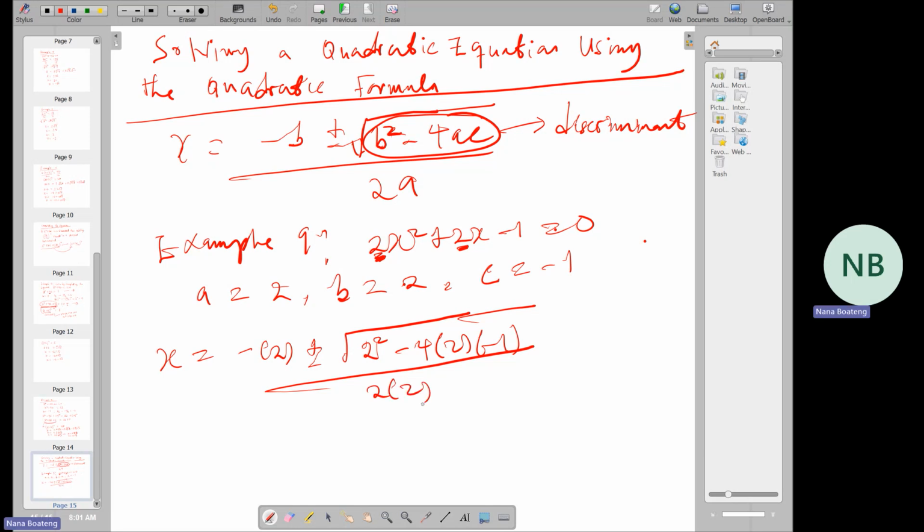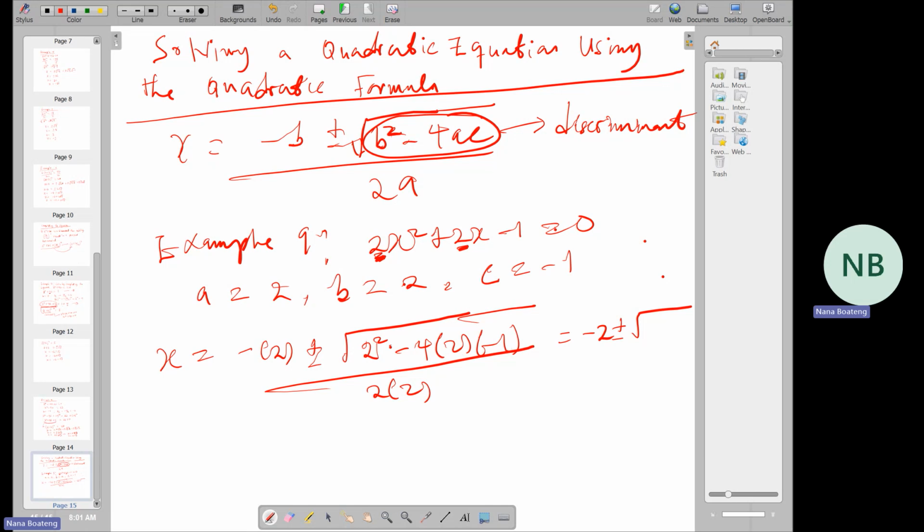All right, so this gives us -2 plus or minus square root of 2 squared is 4, and -4 times 2 times -1 gives us +8.